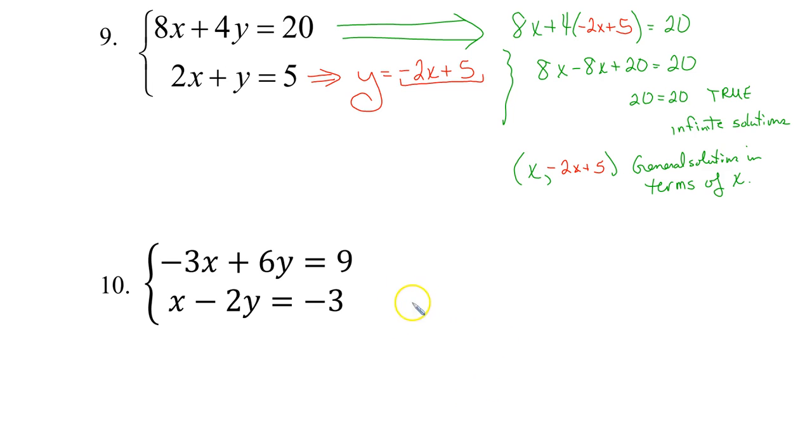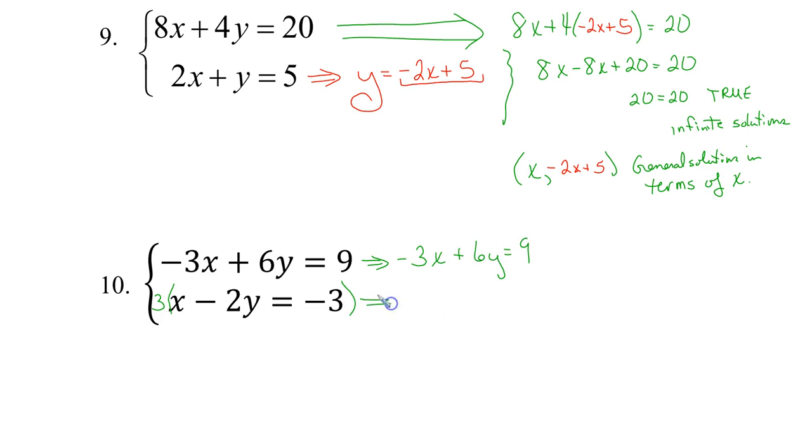In this one, I am going to use the addition method. And I'm going to use addition by multiplying the second equation by positive 3. As I multiply the second equation, that does not change the first equation. So I have negative 3x plus 6y is equal to 9.